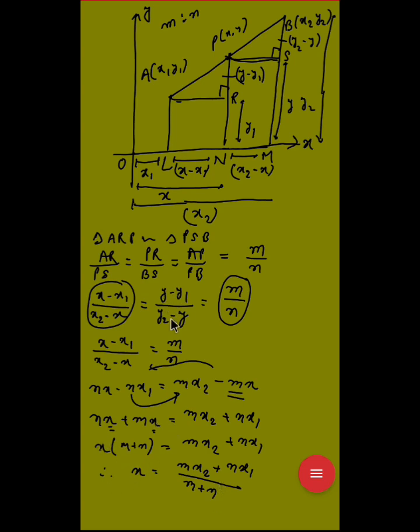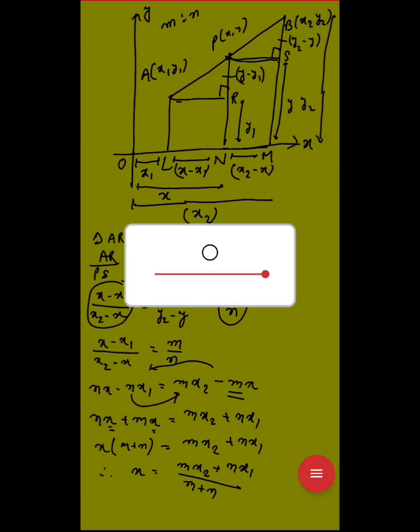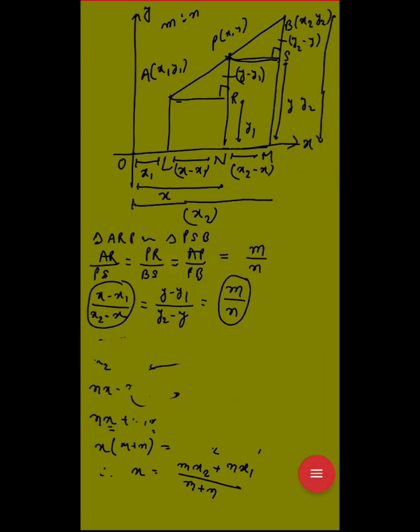Similarly we are going to find y. So I am going to clear the screen. Now I'm going to use the eraser so that the screen is clear. Okay, now I'm going to calculate and solve this term.